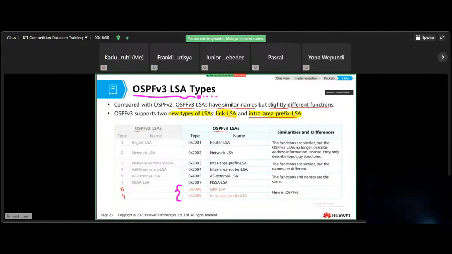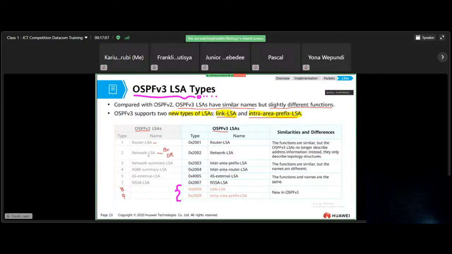Router LSAs are generated by every router, and they describe things like cost, the link, router ID, etc. Network LSAs are generated by designated routers in a broadcast network.